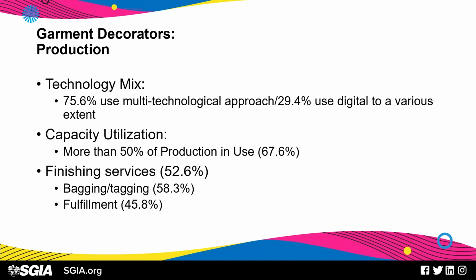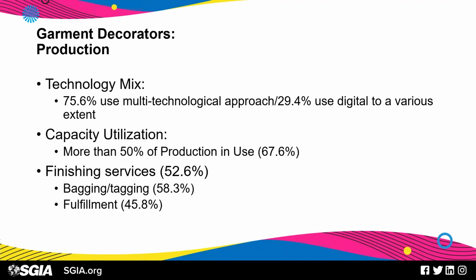In terms of production, what kind of technologies do they use? More than 3/4 of the companies rely on multi-technology, and about 1/3 of the companies use digital to a various extent, either entirely or as part of their multi-technological approach. They try to use their production wisely. 67.6% use at least 50% of their production.